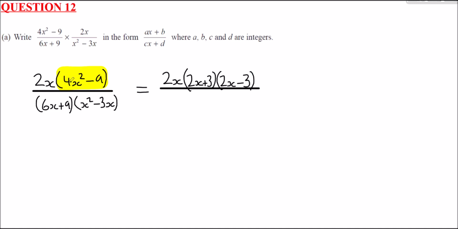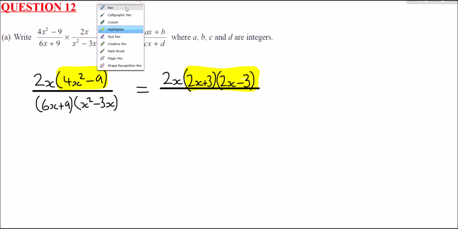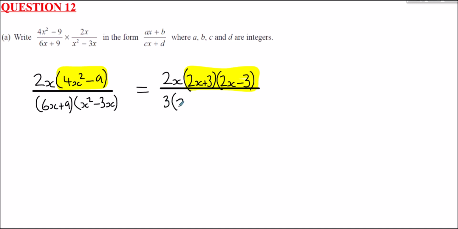So the spot here is this is a difference of two squares. Looking here, we've got 6x plus 9. Now here we can factorise out a 3 from this, because 6 and 9 are both multiples of 3. So this we can factorise out a 3, and that'll give us 2x plus 3.